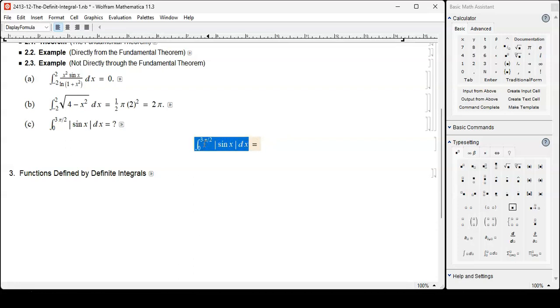I'm going to divide this interval into 2: 0 to pi, and then pi to 3 pi over 2.